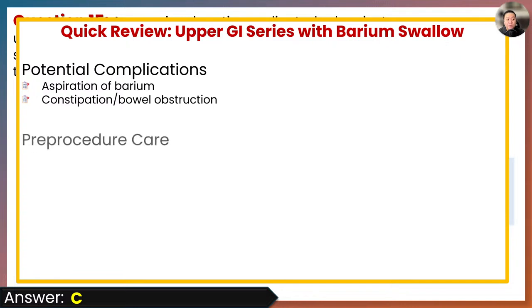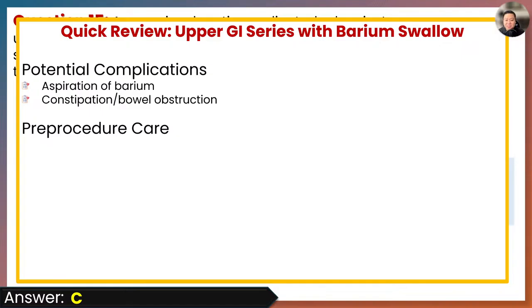Now, before you send the client for this upper GI series with a barium swallow, make sure that you reassure the client that this is generally painless. Also explain that the test is generally harmless.